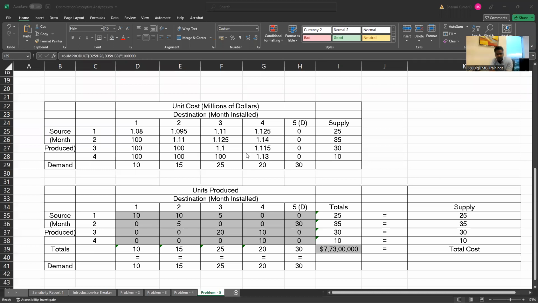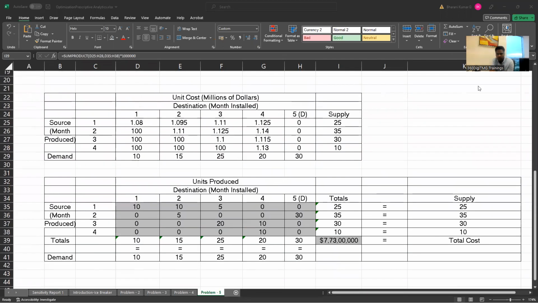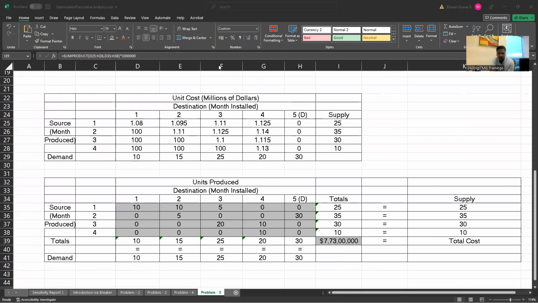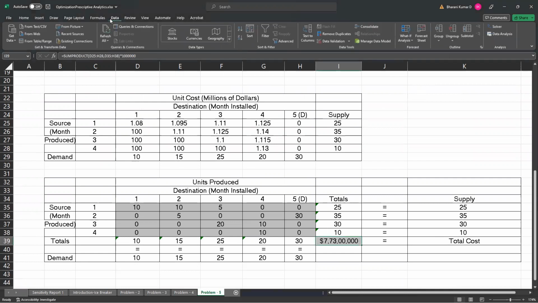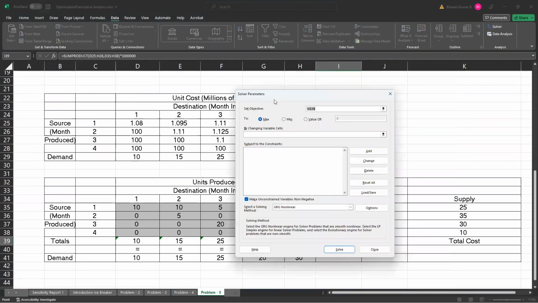Once you formulate this, you need to run your algorithm. So you need to go to data, and then you need to click on solver. You need to select the optimization function.